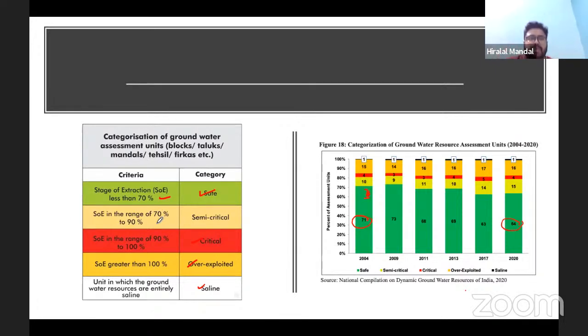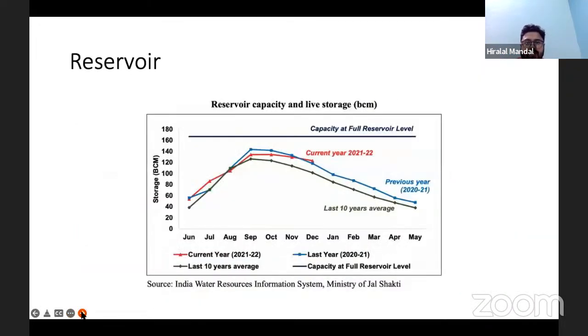So that is about the groundwater. Now, the reservoir capacity is the capacity at full reservoir level. In our country, most of the reservoirs get full during the rainy season, because we receive the highest rainfall during the monsoon season.